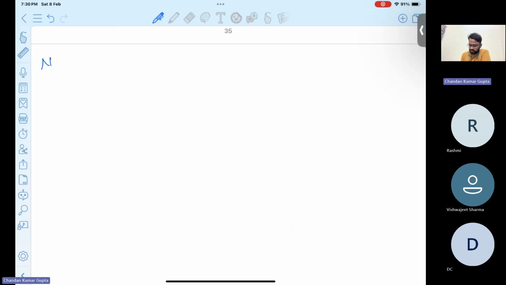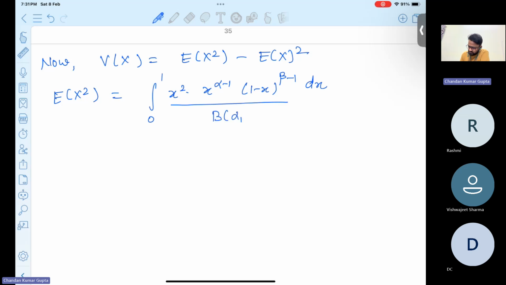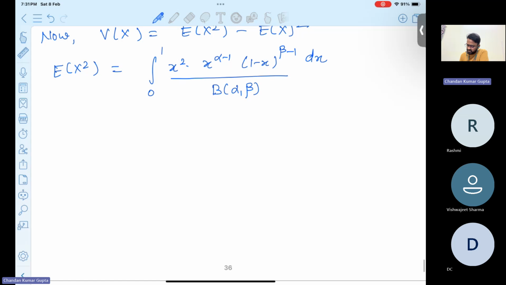Now, variance of x is defined as the expectation of x square minus expectation of x whole square. So for expectation of x square, in a similar manner, we proceed. I'm not writing the whole step this time, but integral from 0 to 1 of x square, x to the power alpha minus 1, 1 minus x to the power beta minus 1 dx, divided by the beta function of alpha, beta.